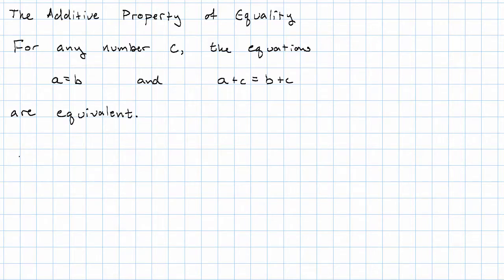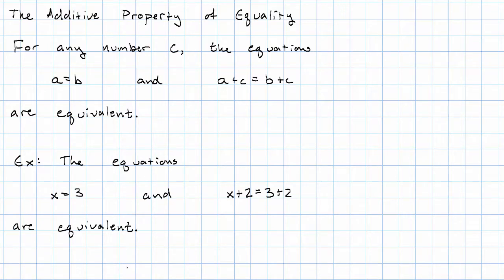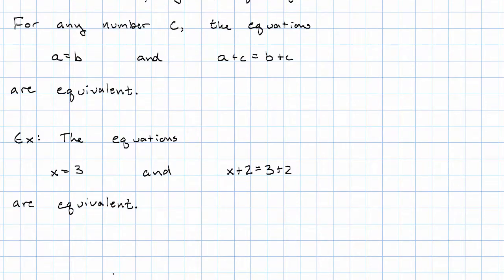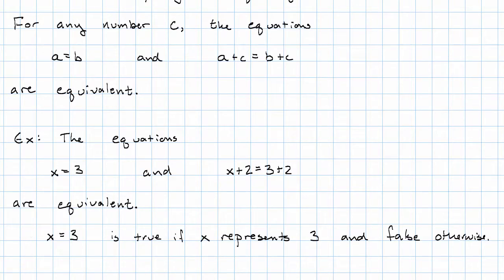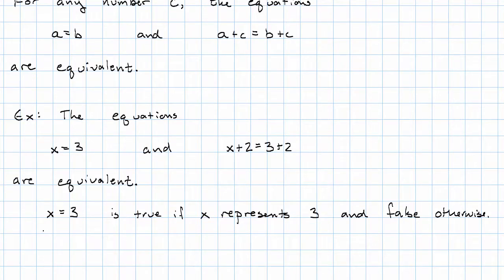For example, the equations x equals 3 and x plus 2 equals 3 plus 2 are equivalent equations. It's easy to see why this might be so. The equation x equals 3 is true if x represents 3 and is false otherwise.